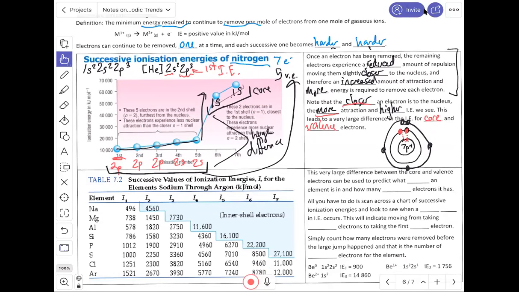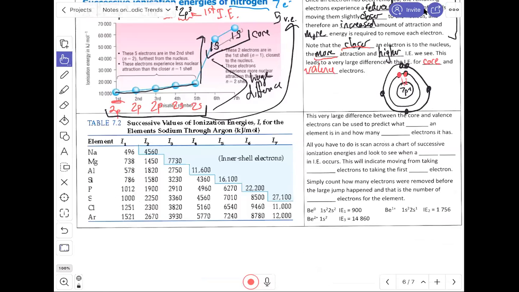Okay, so normally when we talk about successive ionization energies, we don't get a diagram like the top. We get a table of values like the bottom. That's what is normally presented. So first, I just want to outline what this table is showing us.